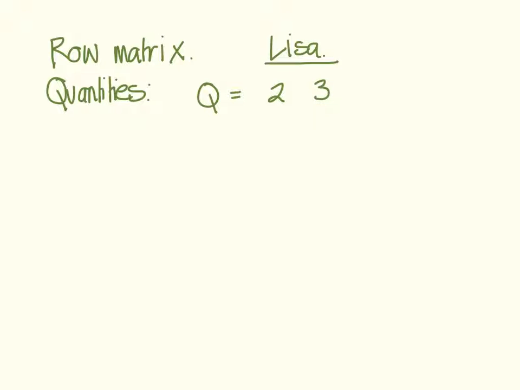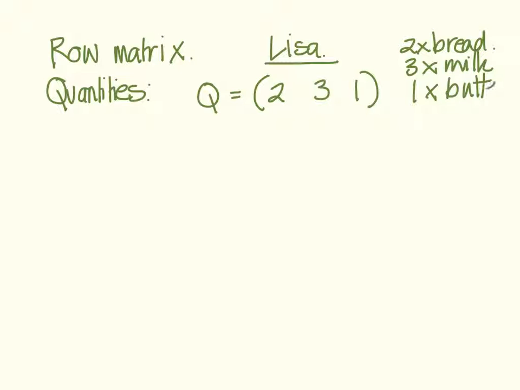We will put 3 in there for 3 litres of milk, and we're going to buy 1 500-gram tub of butter. So that was 2 bread, 3 litres of milk and 1 butter. That is what is represented there, which is called a row matrix because it is just a row.